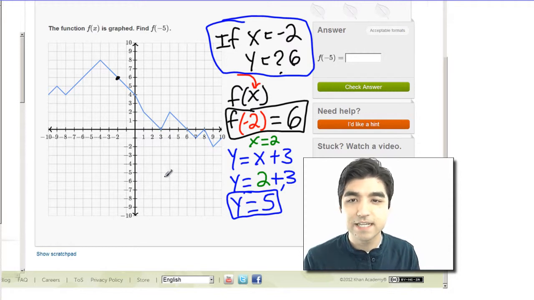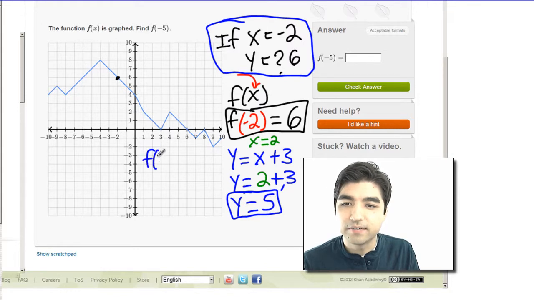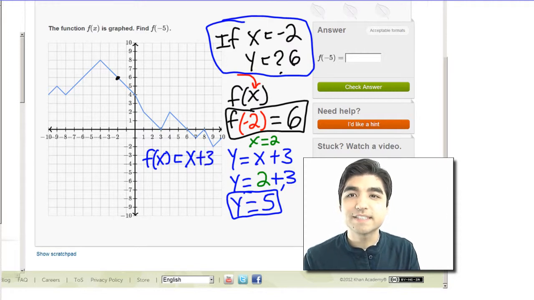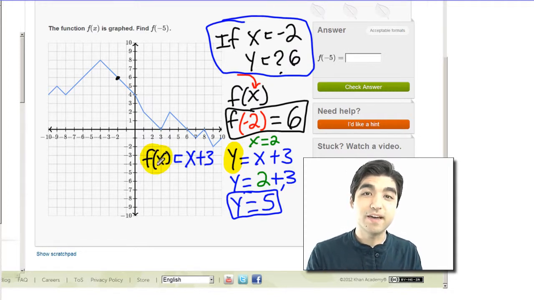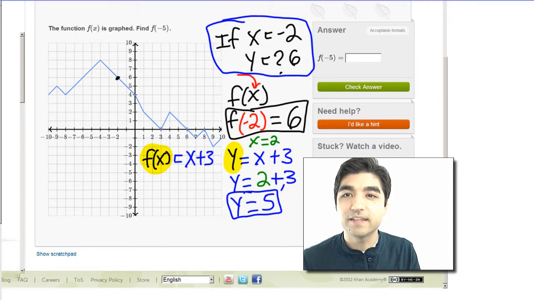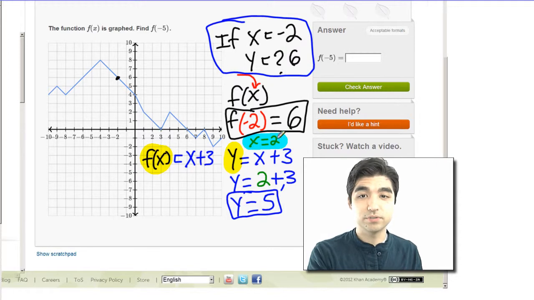But look at what happens if we solve it using function notation. I'm going to write it over here. So we have f of x equals x plus 3. Instead of writing this y, we replace it with this more powerful f of x. And then for that f of x, we're going to put what we previously had to write off to the side. Let me get a good highlighter here. X equals 2.